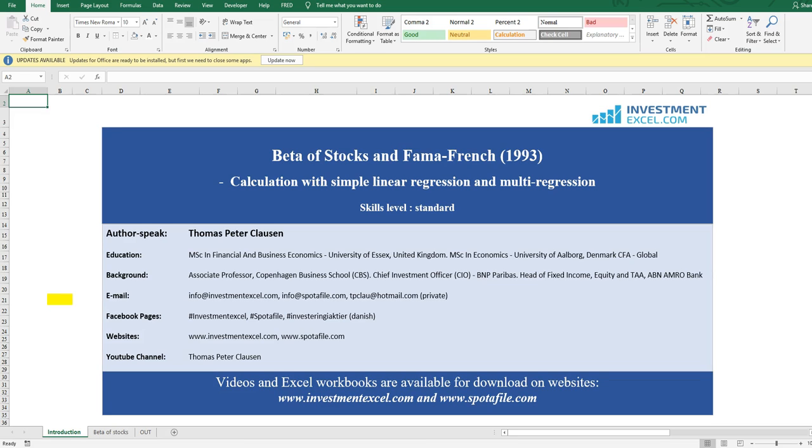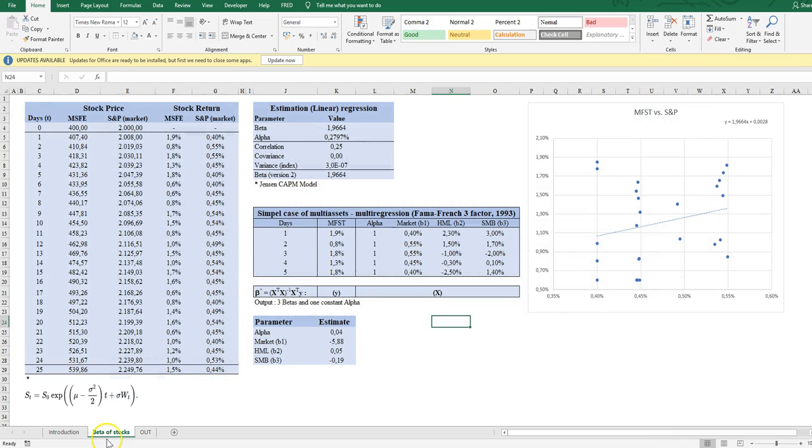But let's see how beta is actually calculated simply in Excel. Of course, we need some data because it's the estimation side, and I have decided just to take 25 days and 25 observations of the Microsoft share, starting from 400 today and ending in 540 almost.